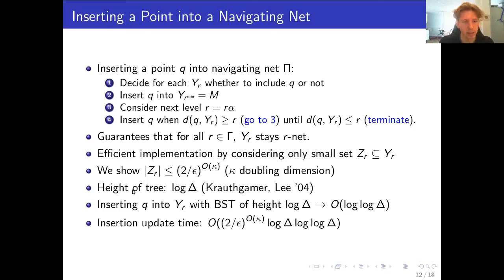And because the height of the tree is log delta, as was already shown by Krauthgamer and Lee in the original paper, you can implement each of the Y_R with a balanced binary search tree of height log delta. You insert in time log delta, and so the insertion update time is the size of this set times the size of the tree and the insertion time.